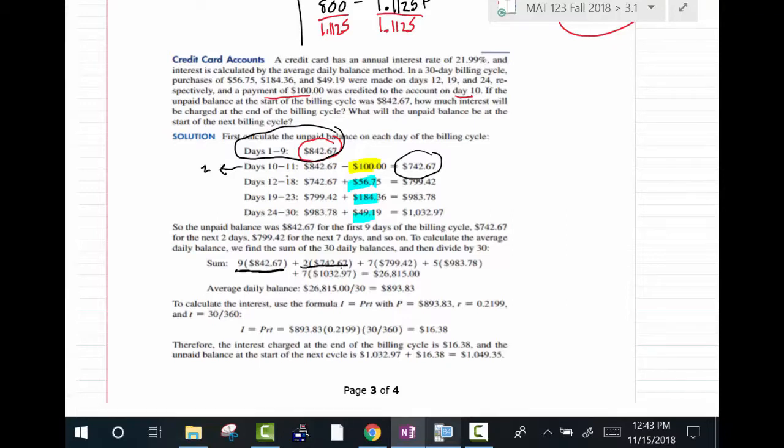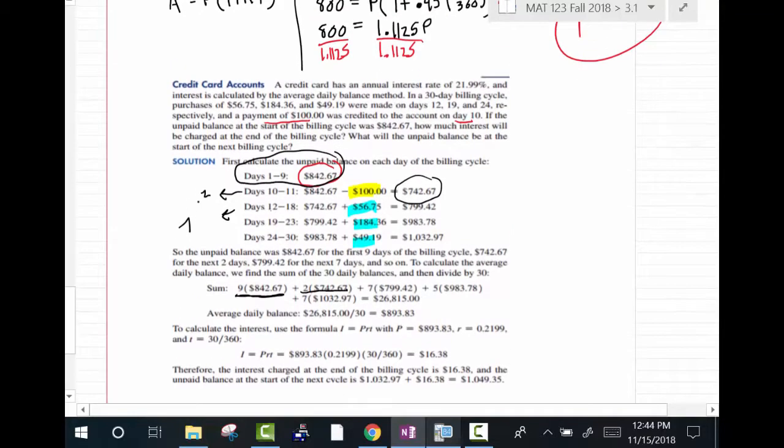Okay, right? Then you get to 7 days. Days 12 through 18 is 7 days. You have 2 ways to figure that out. You can go on your fingers: 12, 13, 14, 15, 16, 17, 18. Or you can do 18 minus 12 plus 1. That's the way I do it. 18 minus 12 is 6, plus 1 is 7.